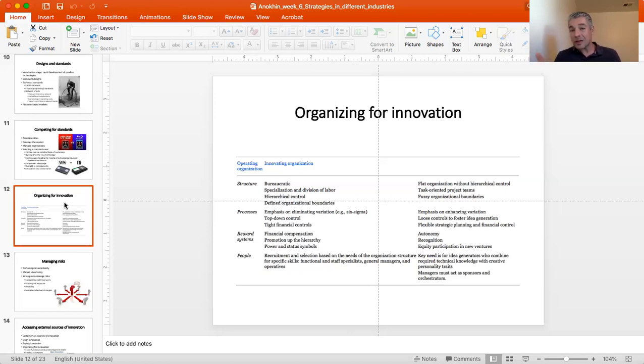So organizing for innovation is a very unique task. We know how to do it, yet not every company can do it because people are different, cultures are different. So this is something that you want to pay close attention to if you want to emphasize innovativeness for your company.